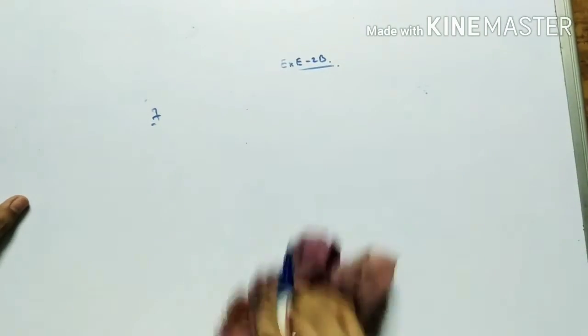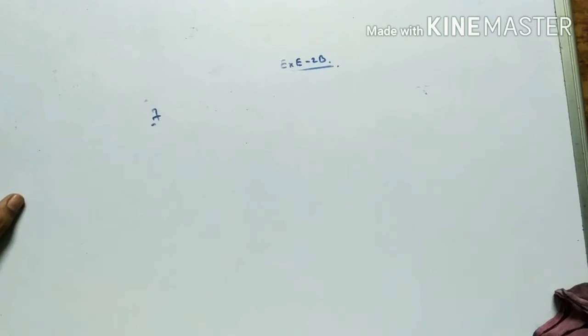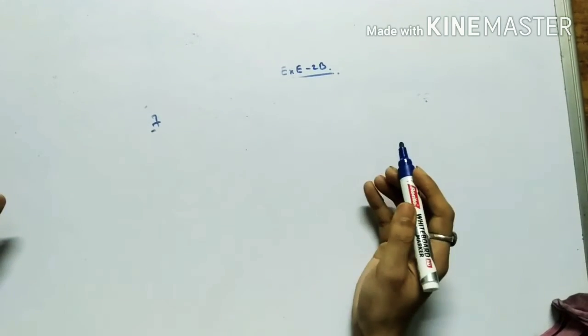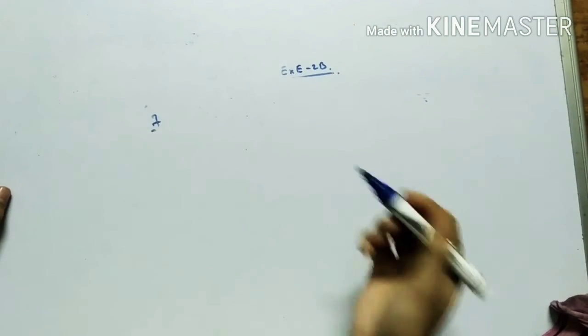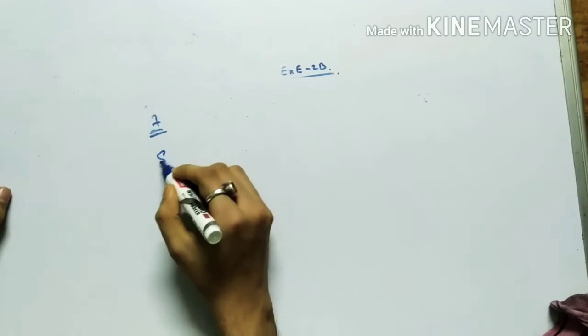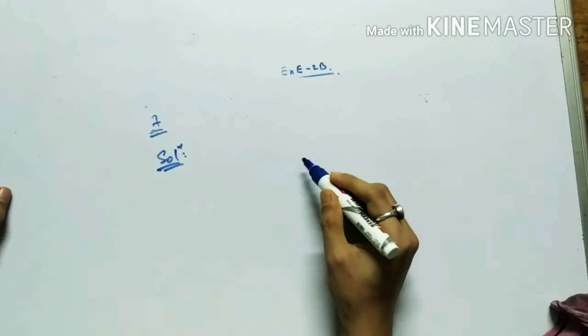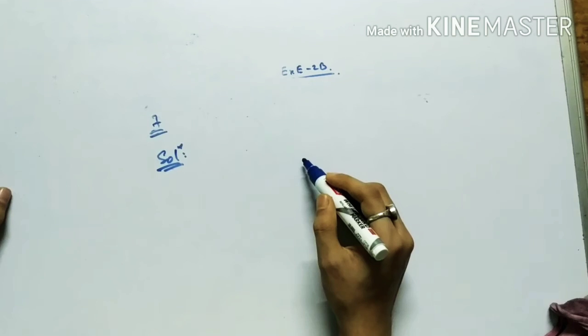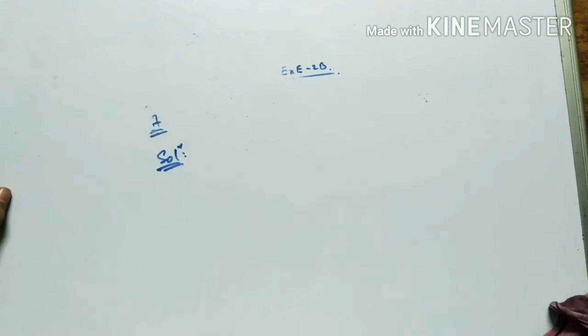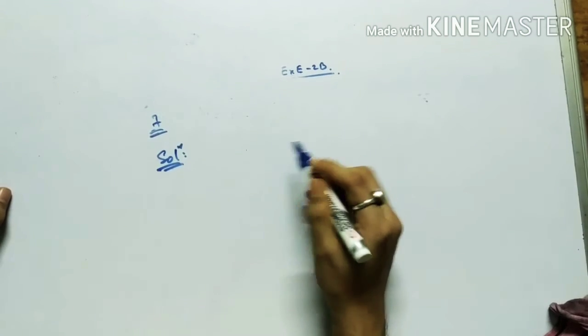Okay, so in here you can take, let the number be x, you can do it that way. Or you can do it in this way: by what number should 3 to the power minus 5 be multiplied so that the product is equal to 3.